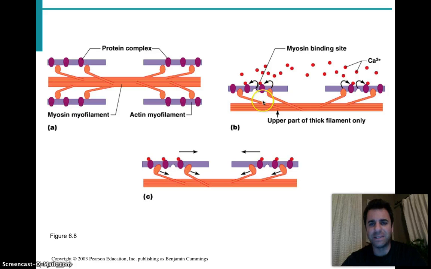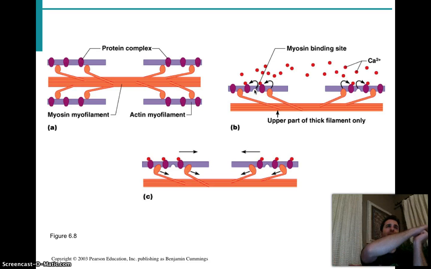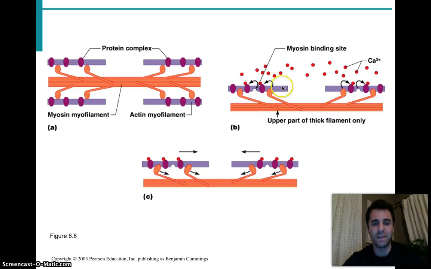And now the myosin head can bind to that binding site on actin. They can physically create the attachment. And then the attachment is going to relax back to normal and cause the actin, the thin filament, to move, which is what you can see here. And we'll talk about how the ATP works in just a second with an animation. So this is kind of the overall big picture.